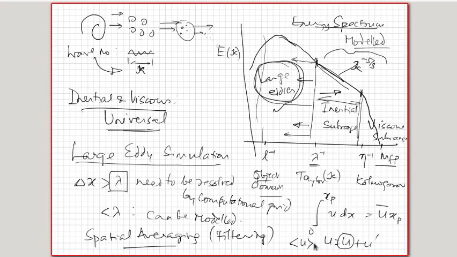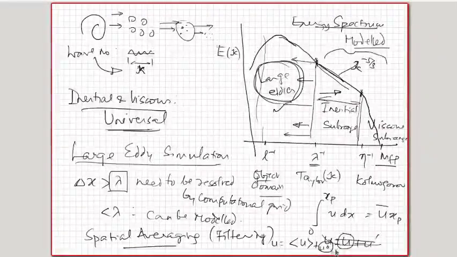So this is the u plus u prime, and you normally write it as u double prime in order to distinguish it from the Reynolds averaged Navier-Stokes. So this is u is equal to averaged u plus the fluctuating u. Now this fluctuating u and its effects, that is the combination of u double prime, v double prime, and u double prime, t double prime, etc., they are modeled using what is called the subgrid scale modeling.